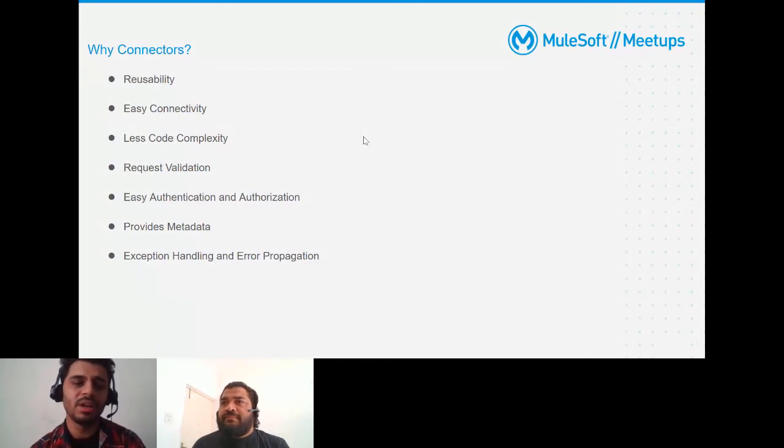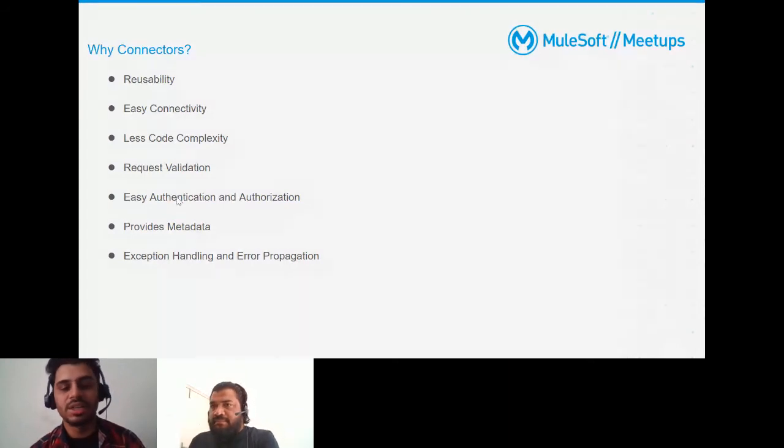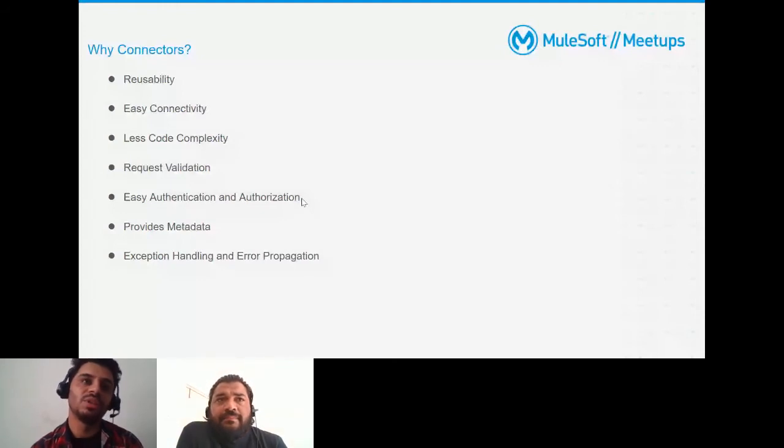If we implement a connector which does all these things internally, it contributes to less code complexity and also to easy authentication and authorization. Because as I mentioned, when I use an API, I have to first generate an access token giving the username and password, then add that access token and check its validity if I'm going to reuse it.